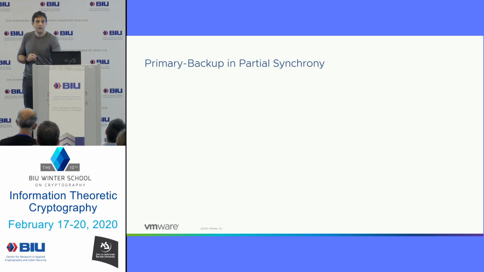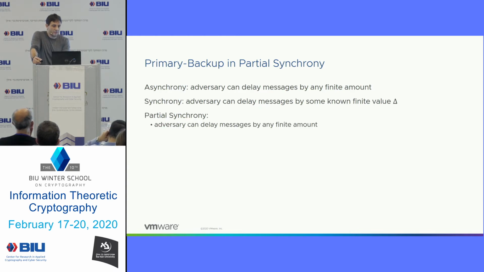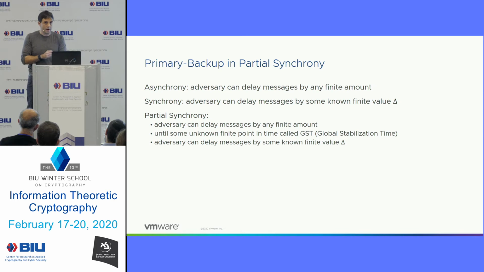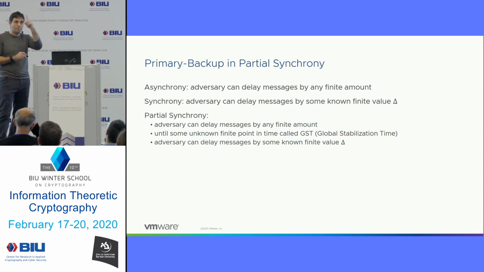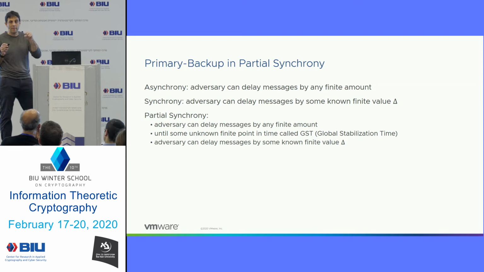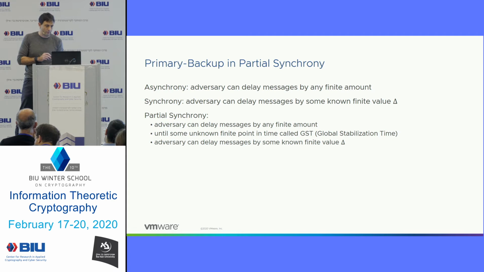So this is a very successful model of primary backup in partial synchrony, where again you have asynchrony at the beginning, and then there is some unknown point in time where there is a stabilization, and then the system becomes synchronous. And so if we have a round-robin protocol, then in asynchrony, we'll just replace the primaries round robin, and eventually, once the system stabilizes at this global stabilization time, then we will do another maybe f+1 rounds until we get one non-faulty primary.